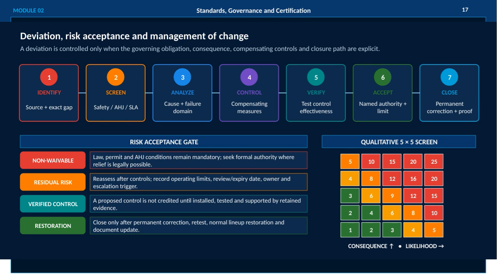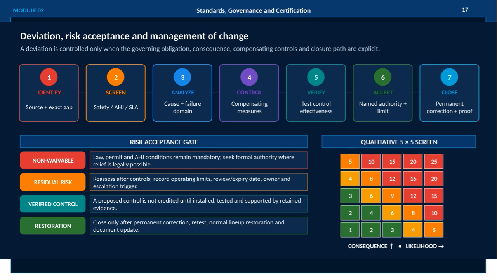We also have specific risk acceptance gates to consider. Some risks are non-waivable, meaning legal obligations and permits must always be met, and formal authority sought when relief is possible. Residual risk requires ongoing reassessment and clear documentation, including operating limits and escalation triggers. Controls only count once installed, tested, and supported by evidence.